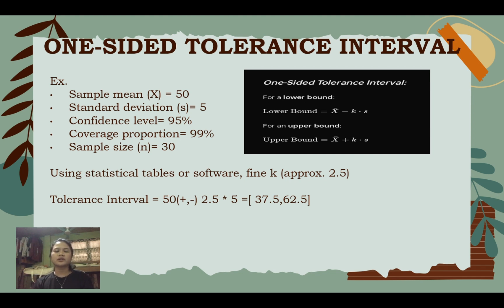So our tolerance interval equals the sample mean plus or minus 2.5 multiplied by the standard deviation, which is 5, so the total is 37.5 or 62.5.